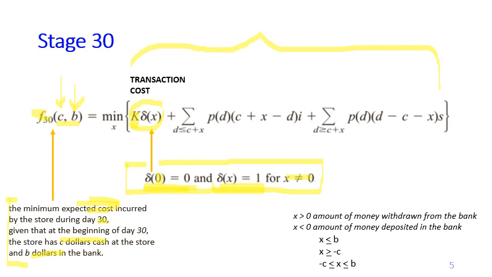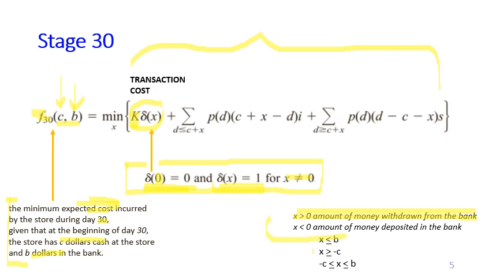Now the aspect 1 says that we can only withdraw money less than what we have in the bank, right?